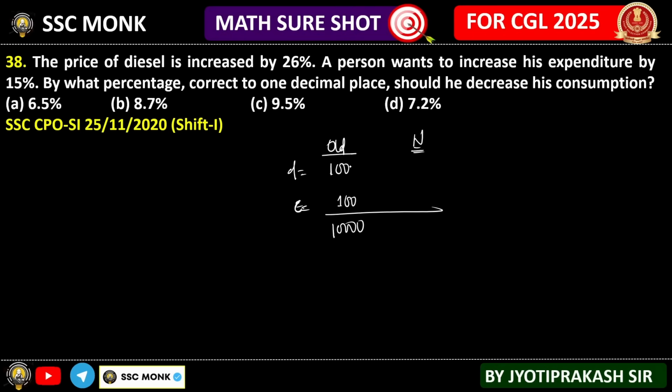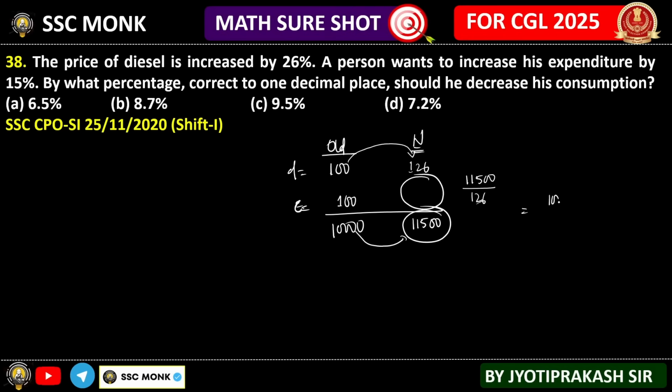Now what happened? Diesel price is now increased by 26% and he wants to increase his total expenditure by only 15%. That means 11,500 only. So what will be the total consumption? Total expenditure divided by price. So what is the decrease in consumption?